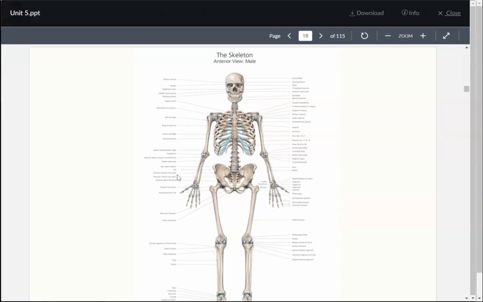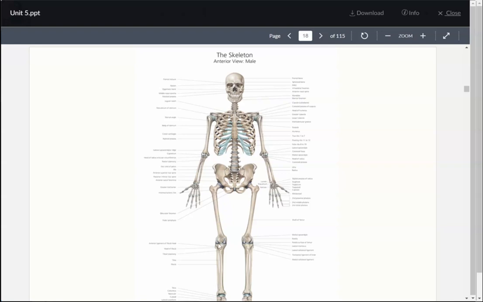As you can see, these are very hard to read, but you will need to identify some of the major bones on your exam. For instance, can you tell me that this is the humerus? This is the radius, or is it the ulna? It's the radius. Here's our ulna right there.